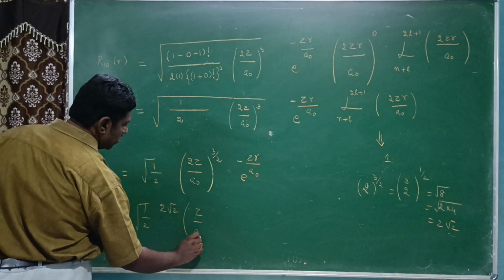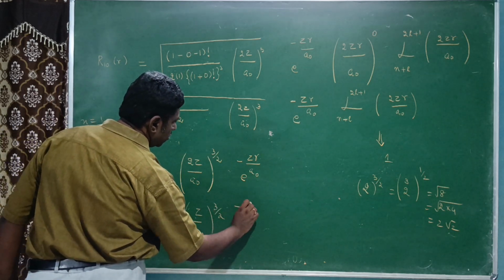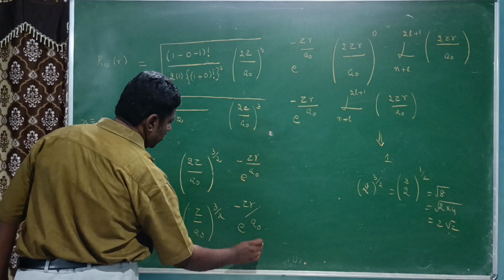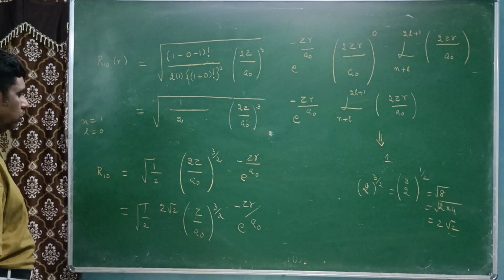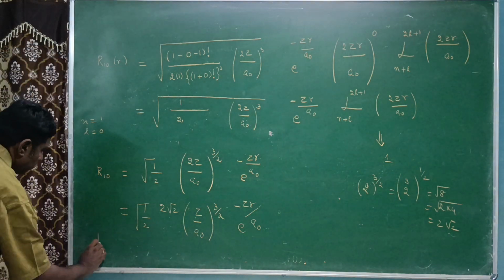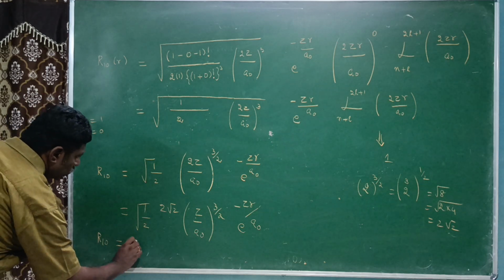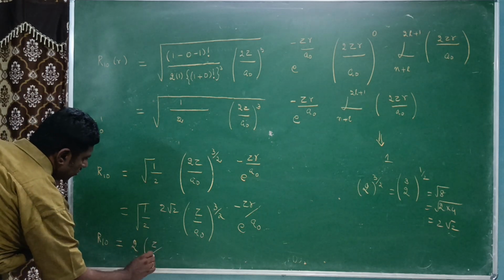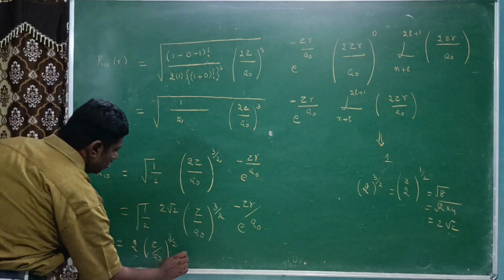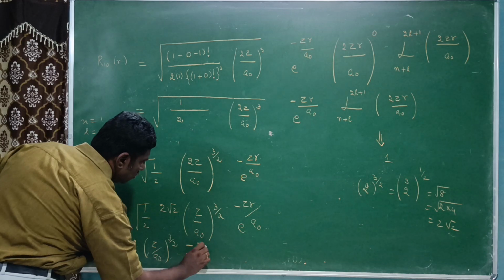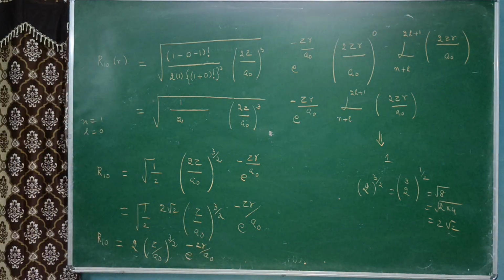Then Z by a0 power 3 by 2, e power minus Zr divided by a0. This root 2 cancelled out. So the value of R10 is 2 into Z by a0 power 3 by 2, e power minus Zr by a0. This is the value of R10.